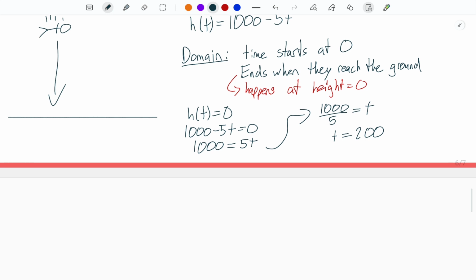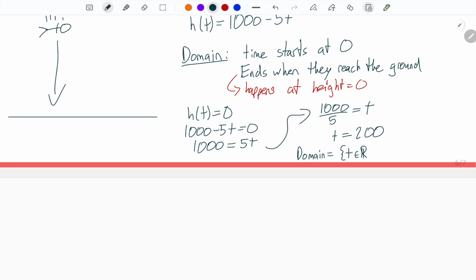So now we can actually write down our domain. One other thing to take into account: we have a word problem. Our function is h of t. It's not f of x. So we're going to write our domain in terms of our given variables. So t is an element of the real numbers. That's our input, the t value, the time.